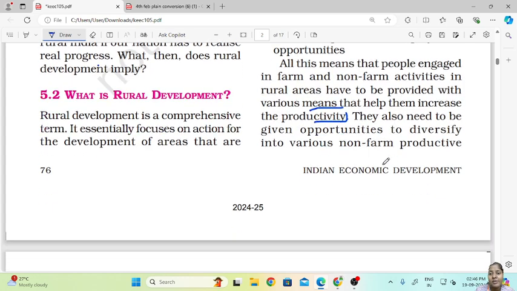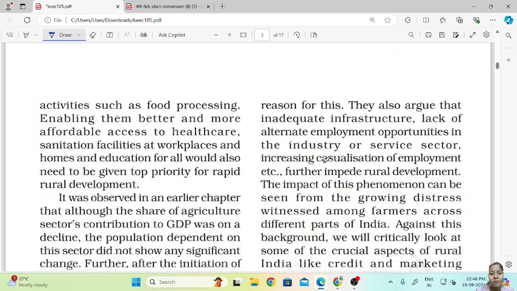They also need to be given opportunities to diversify into various non-farm productive activities such as food processing, enabling them better and more affordable access to healthcare, sanitation facilities at the workplace and homes, and education for all will also need to be given top priority.